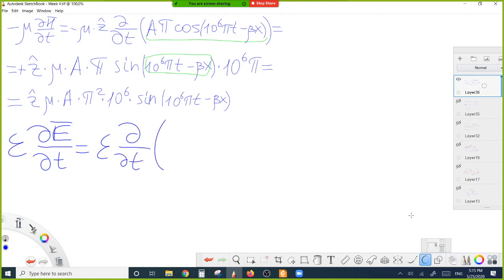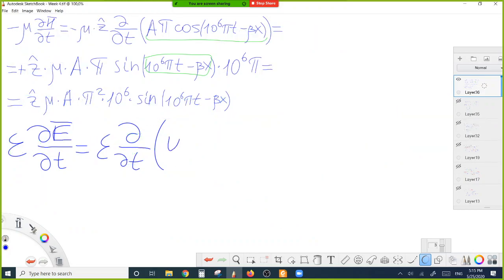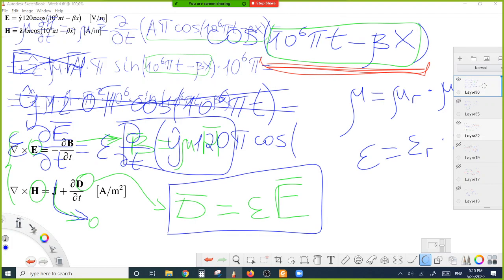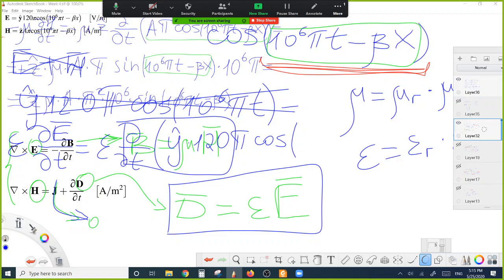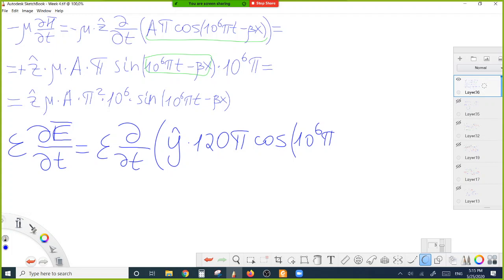The electric field intensity was equal to y multiplied by 120 p cosine(10^6 pt minus beta x).